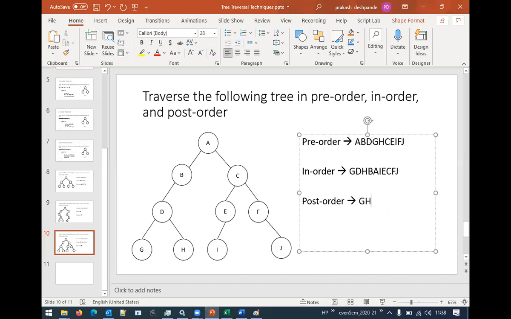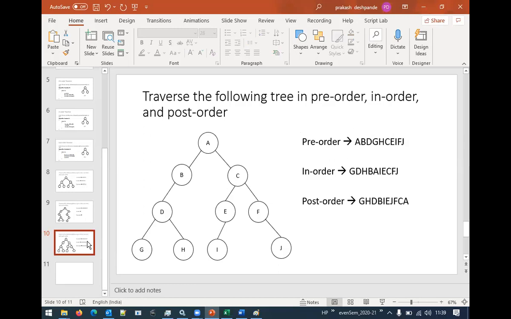G, H, D, B, I, E, J, F, C, A. Yes, this is correct. Online students, check your answers. Yes, sir. Okay. So this completes the tree traversal techniques.